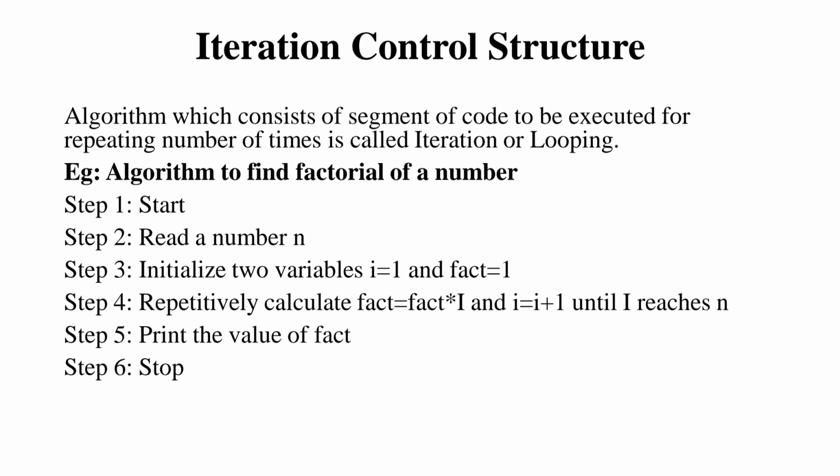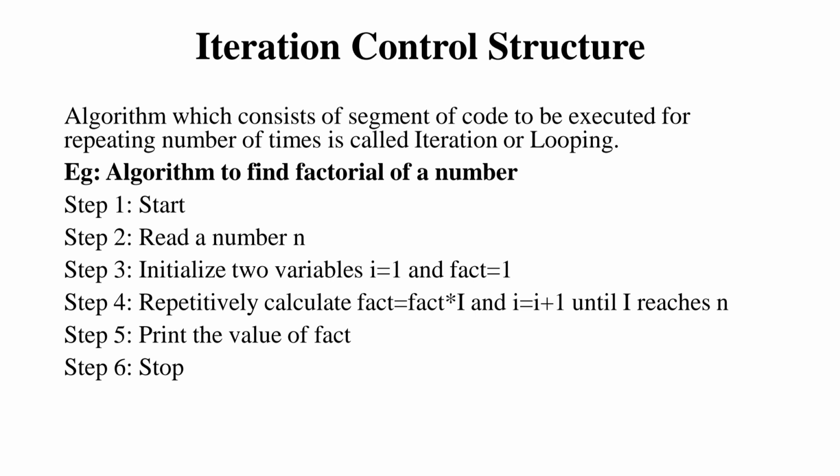Again the next time I am updating the variable I equal to I plus 1 until I reaches n, that is the looping variable. Until that condition, it gets multiplied with the next iterative value and the final variable fact is calculated.